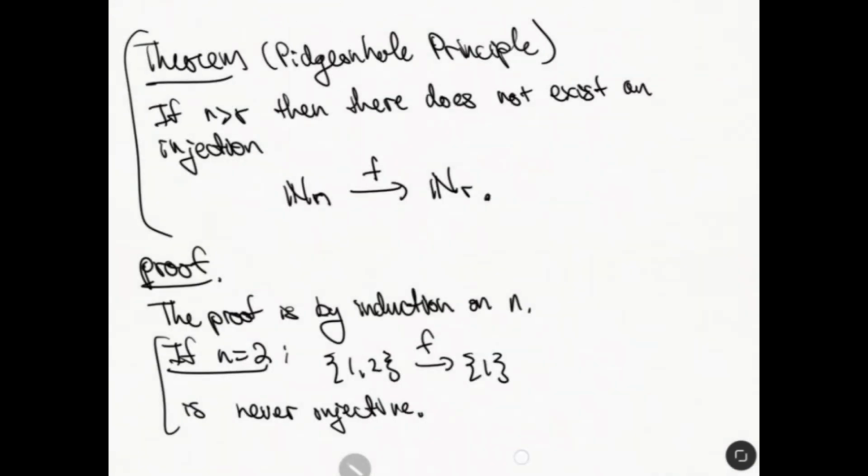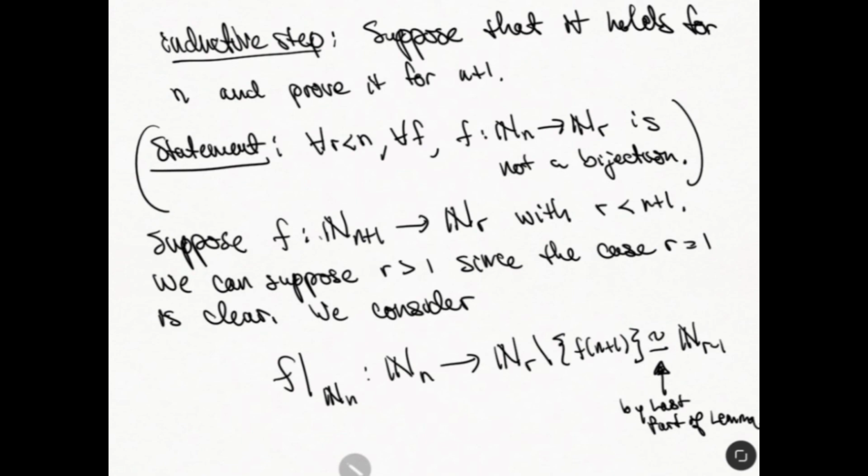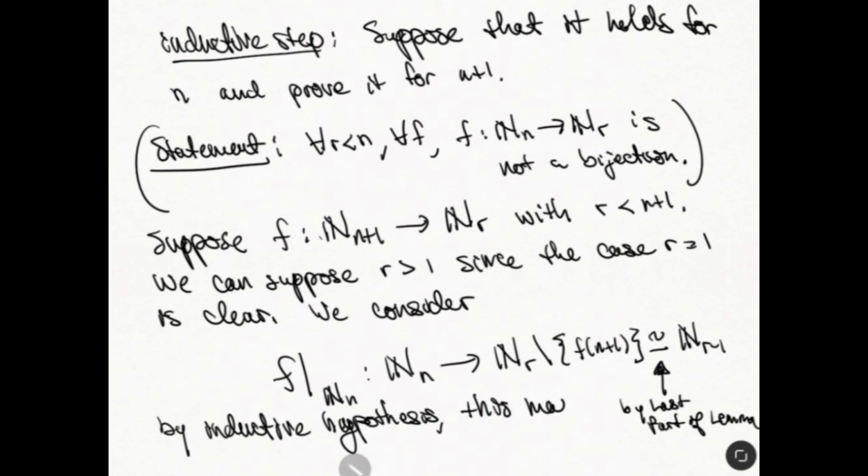Okay, and so we have this thing, and so by inductive hypothesis, this map is not injective. All right. Okay, and so that's the proof of the pigeonhole principle.